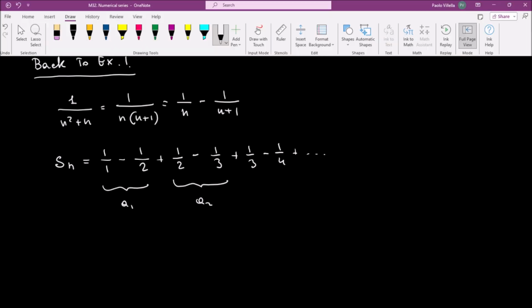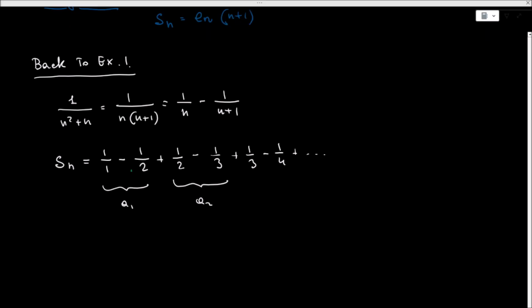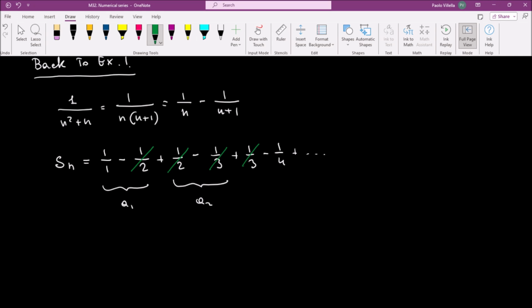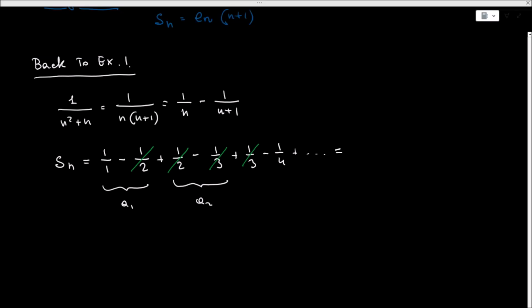So you realize that the elements of the sequence can cancel out each other. This will leave us with basically only the first and the last term of the partial sum. So we have 1, because of course this will remain, and only the last one will remain, which will be 1 minus 1 over n plus 1.